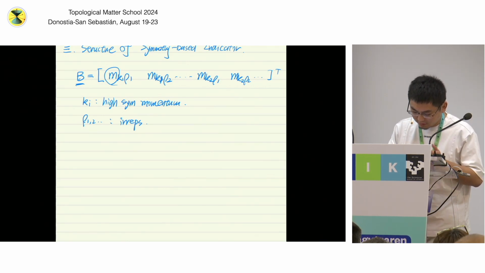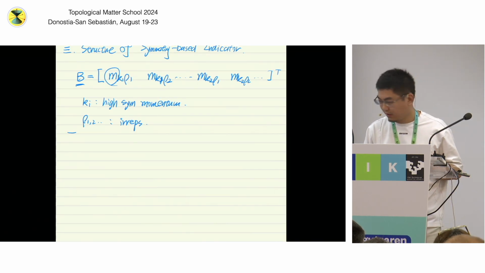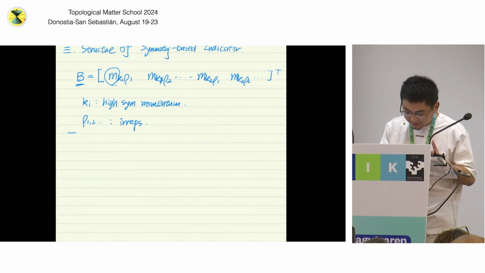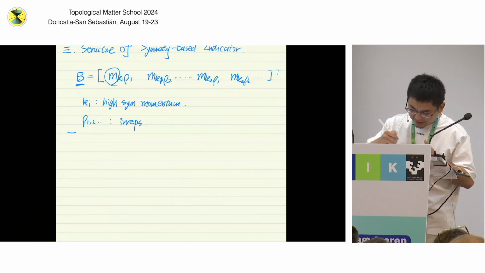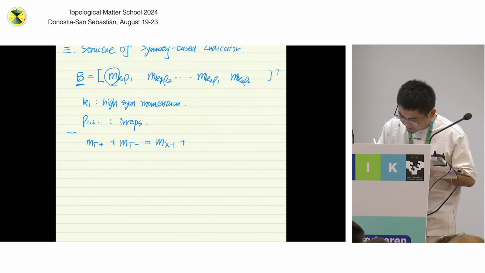For example, let us go back to the 2D example. In the 2D example, it's clear that we must have these constraints: M_Γ^+ plus M_Γ^- must equal M_X^+ plus M_X^-.